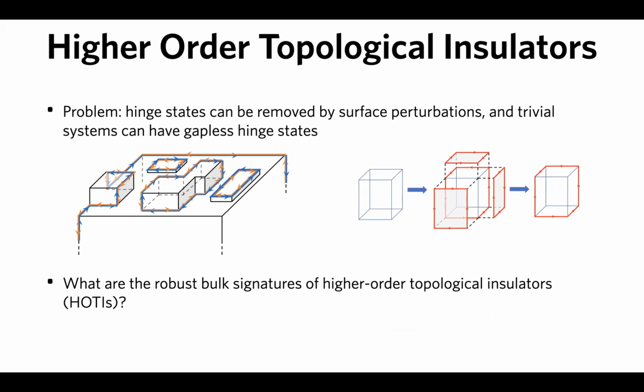And if I let myself break the symmetry by, say, adding another layer to the surface, or that layer happens to be a two-dimensional topological insulator, I can actually go from something that doesn't have hinge states to something that does, just by wrapping the system with a two-dimensional topological phase. What this means in practice is that higher order topological insulators have hinge states usually, but not everything with hinge states is a higher order topological insulator.